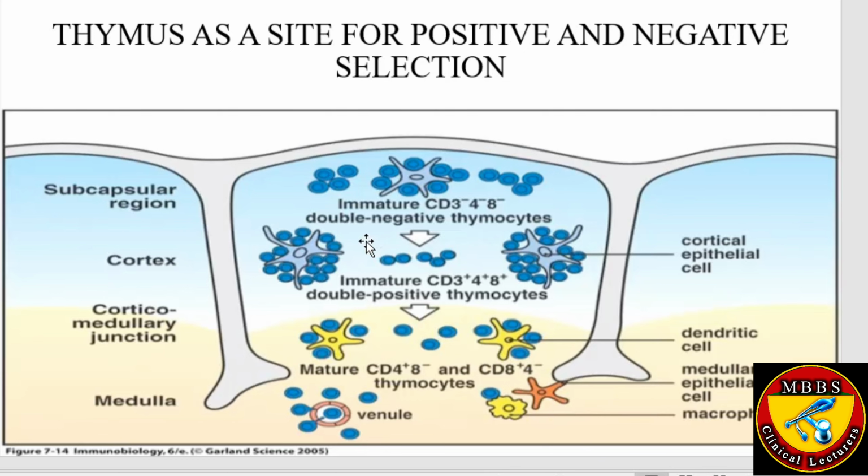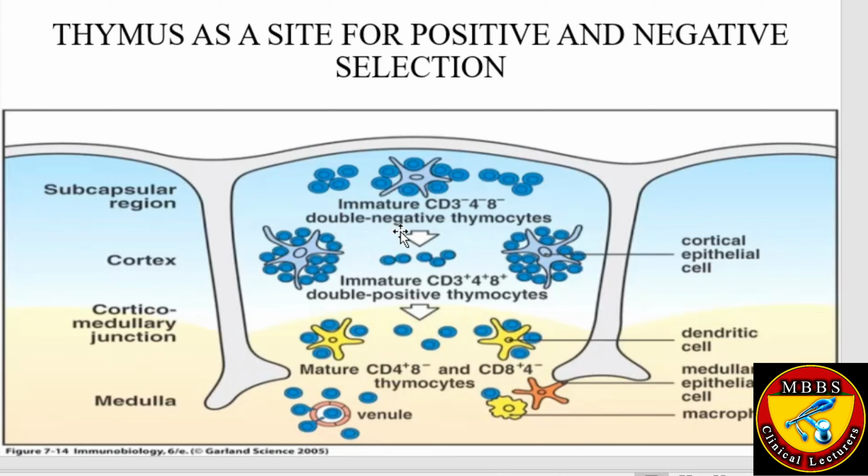Now this picture shows the section of the thymus showing the subcapsular region, cortex, and this is a corticomedullary junction, and this is the medulla. So when the T cells enter the thymus, they lack the antigen receptors and the CD3, 4 and the 8 proteins on the surface.